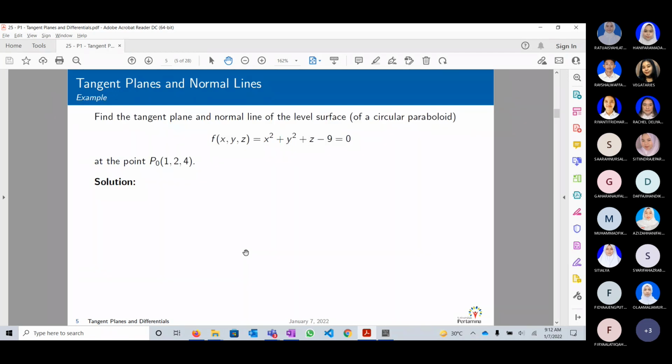And now let's just jump to the first example.